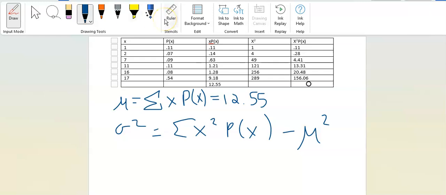So right here in this last column, let me get out of the draw feature. I have all of the x squared p of x's. I need to sum them together. So I need to add this column. So I'm going to add this last column.